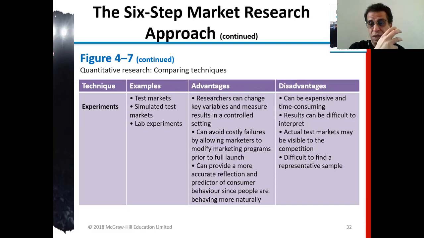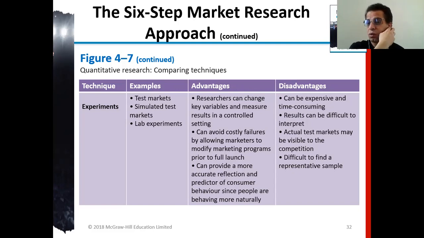Once again, the disadvantages: it can be very expensive and time consuming, because you might have people come into the lab and you pay them to do this. The results can be difficult to interpret sometimes, and an actual test market may be visible to competition, because they see you.